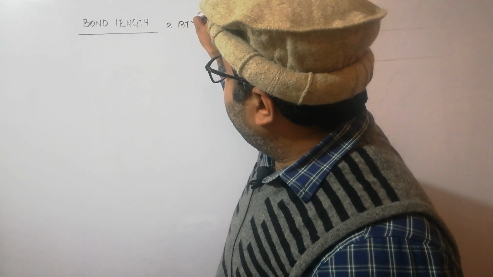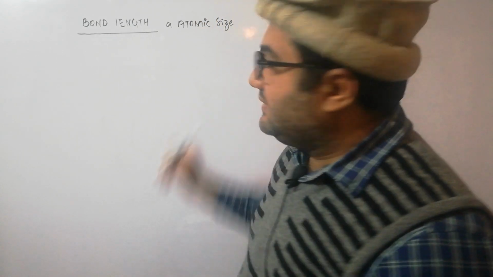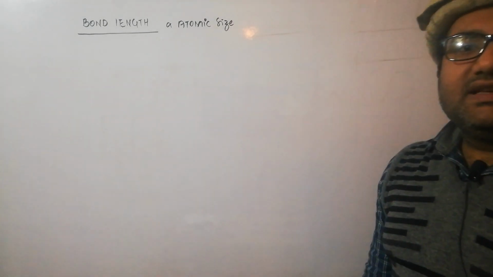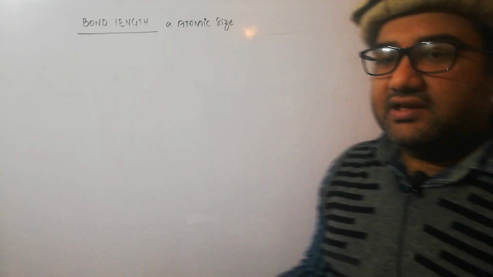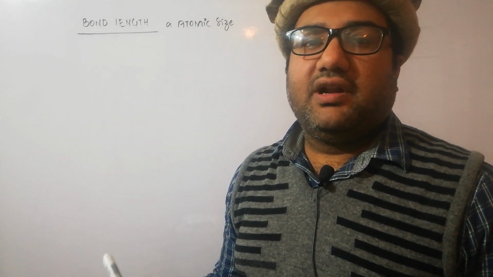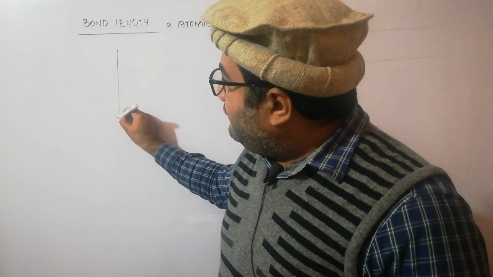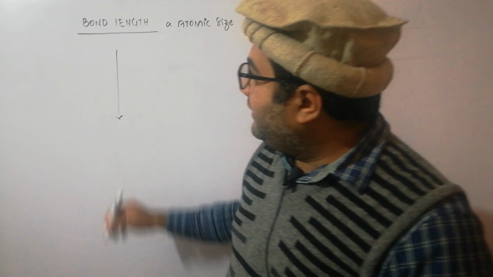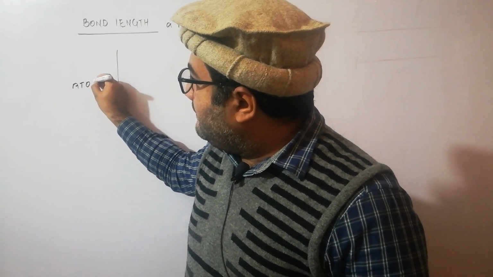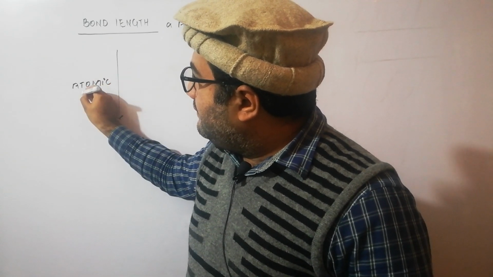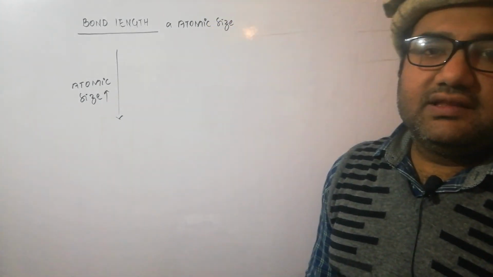Bond length is directly proportional to atomic size or atomic radius. So when the atomic size increases, the bond length also increases, and when the atomic size decreases, then the bond length also decreases. We know that when we move from top to bottom in a group in the periodic table, then atomic size increases. That's why the bond length also increases.